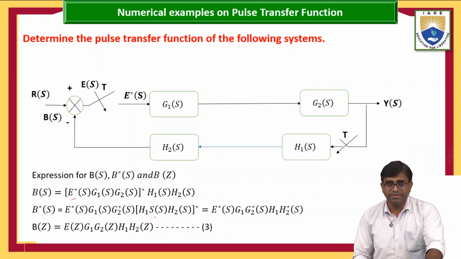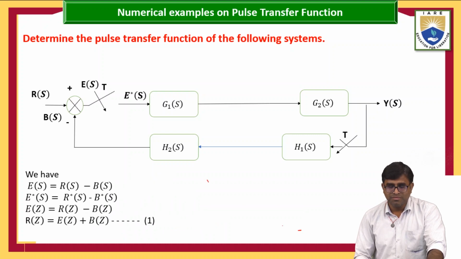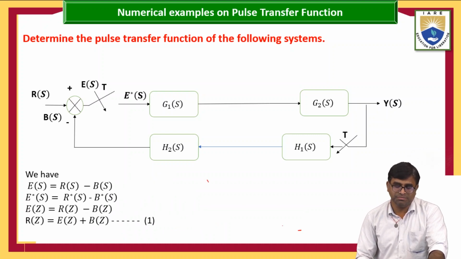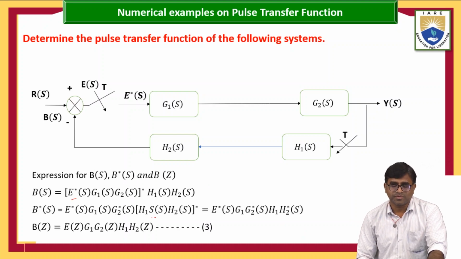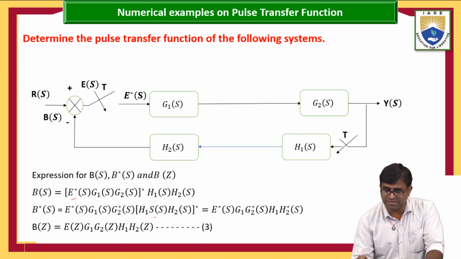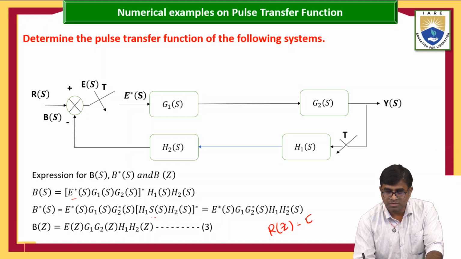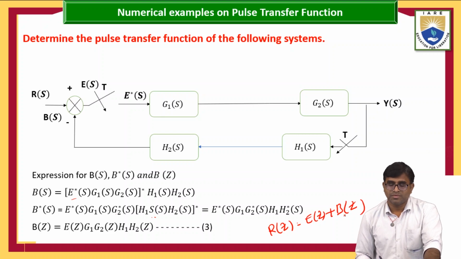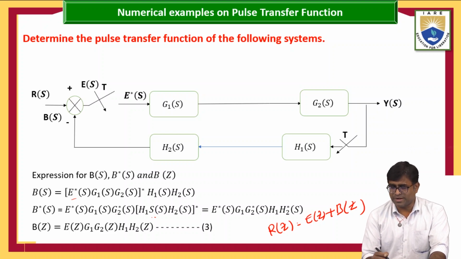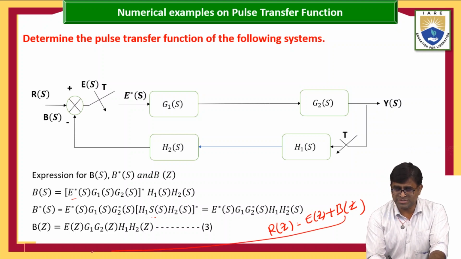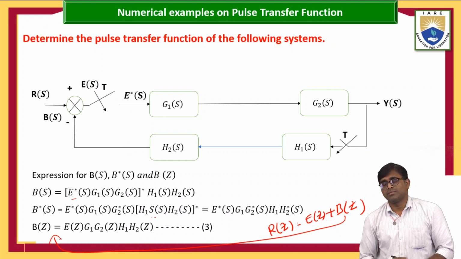So we got B of Z, and we got R of Z from the first equation: R of Z equal to E of Z plus B of Z. I want the transfer function, so for that I am substituting B of Z from equation 3.